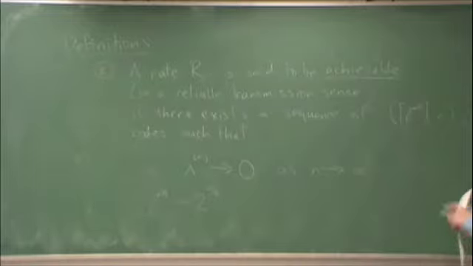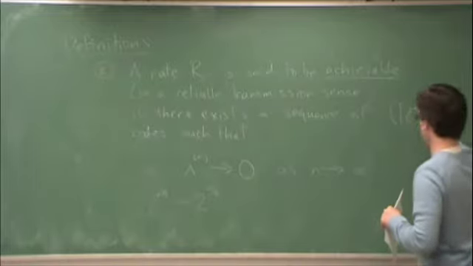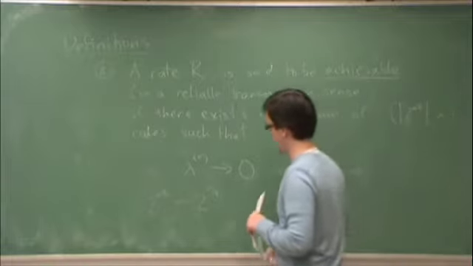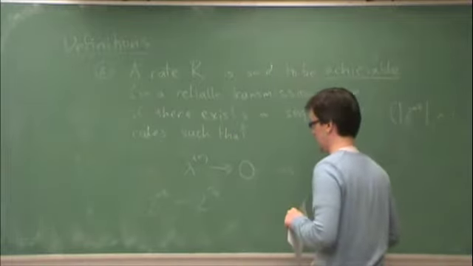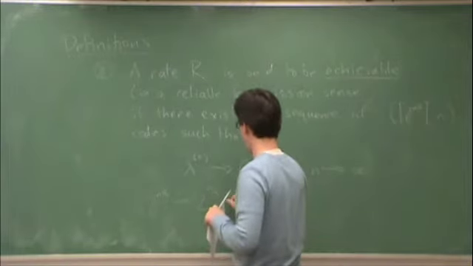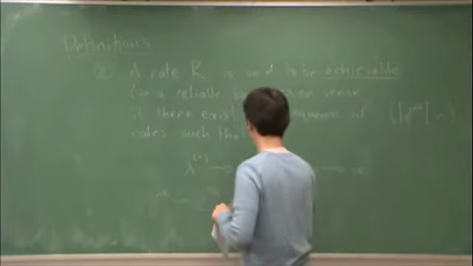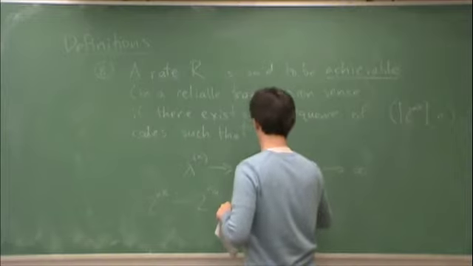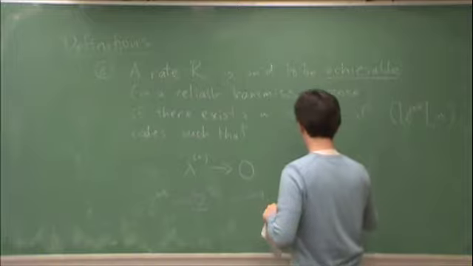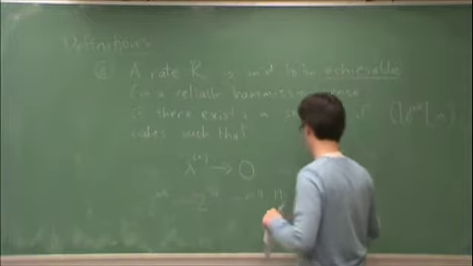So this is basically the number of messages corresponding to the number of output bits for rate 1/4. In other words, if N is equal to 4, then the number of messages is equal to 2 to the N over 4, which is 2. That's the example we had a second ago.